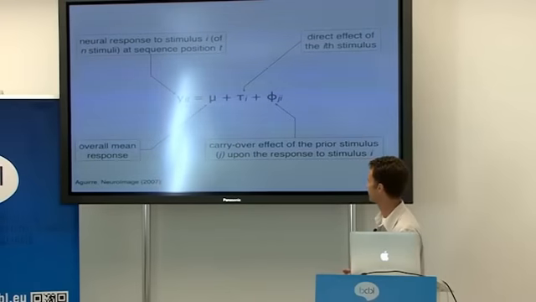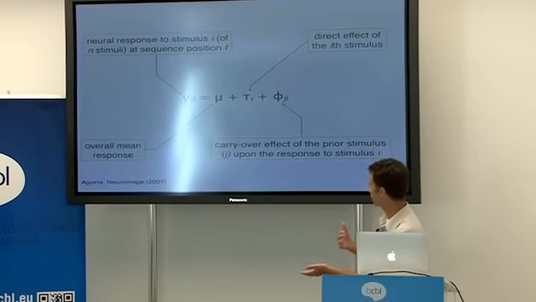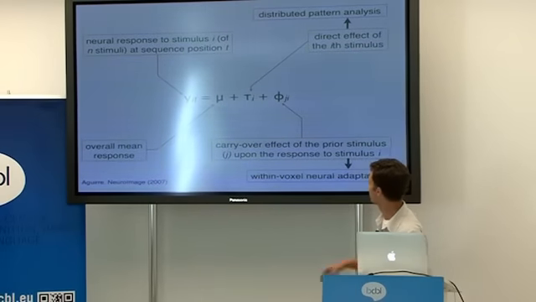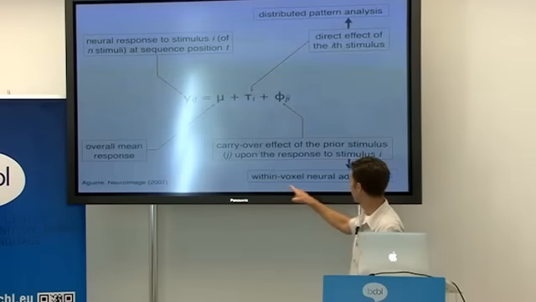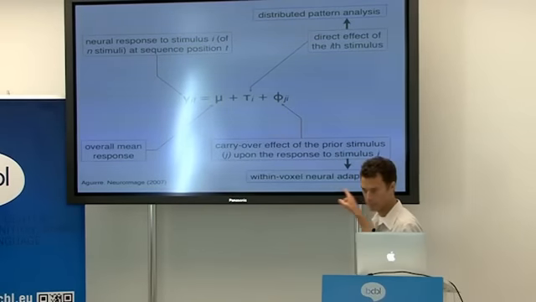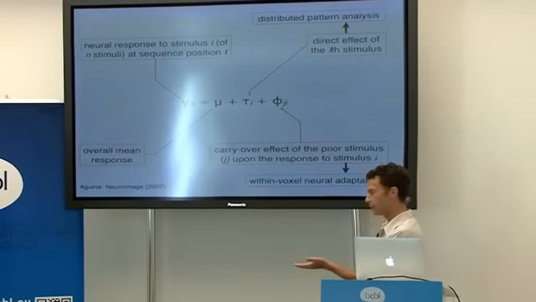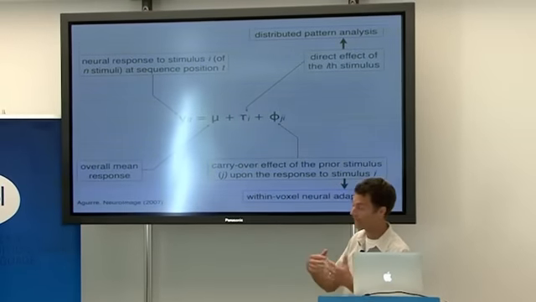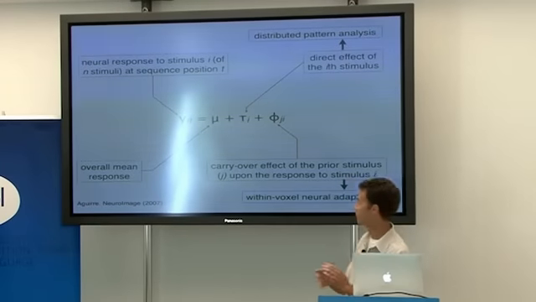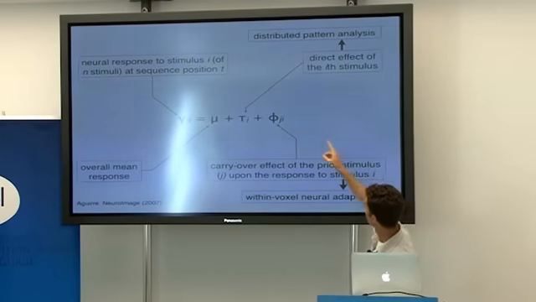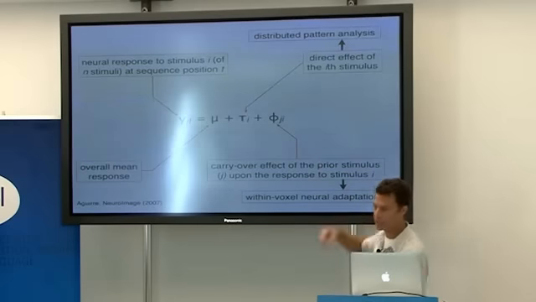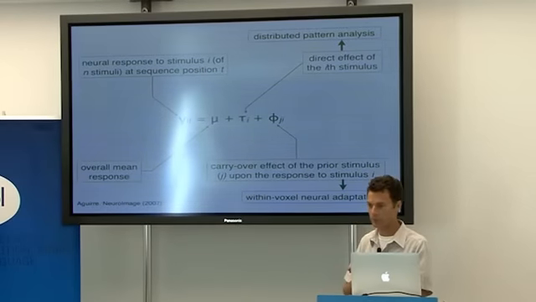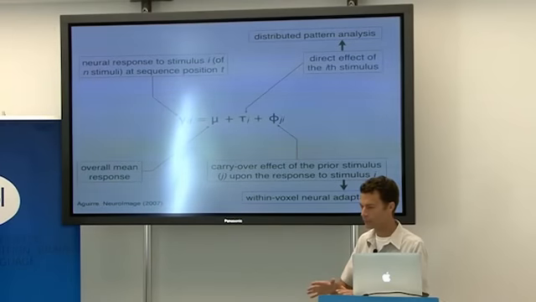And this is the modulatory effect of the prior stimulus. So in terms of fMRI, this modulatory effect is within-voxel neural adaptation. That's the influence of the prior stimulus upon the current stimulus. That's adaptation, or we'll see adaptation is a type of modulation. But the direct effect is the basis of doing a distributed pattern analysis. We'll go through some examples of this more in a moment. Any questions about that so far?